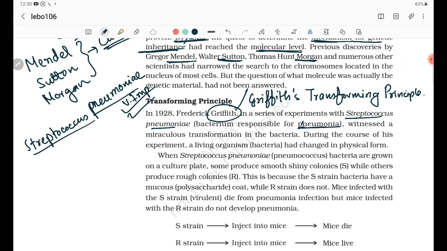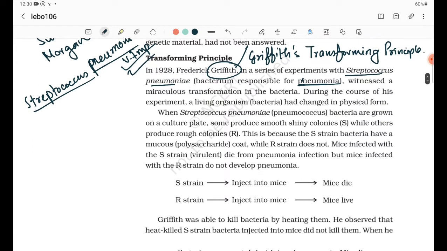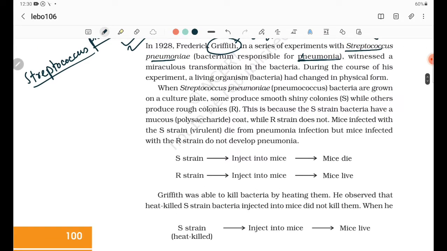So it was used. When Streptococcus pneumoniae or pneumococcus was grown on a culture plate, there were two types. One will produce smooth shining colonies, S, and the other will produce rough colonies, R, because S strain bacteria have a mucus coat, and R doesn't have.